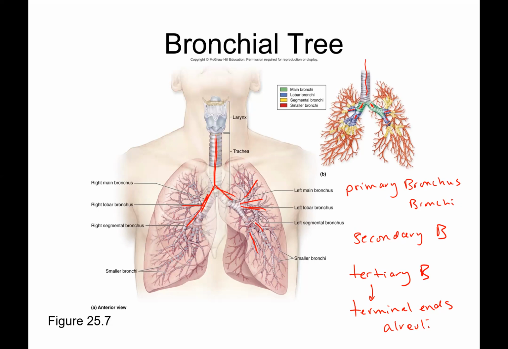Tertiary is segmental, which is the yellow that you see there, all the way to the terminal ends in the red there, which are also known as the smaller bronchi. So I tend to use that language, even though they're both AKAs of each other.